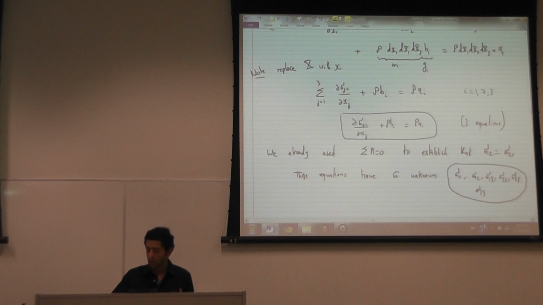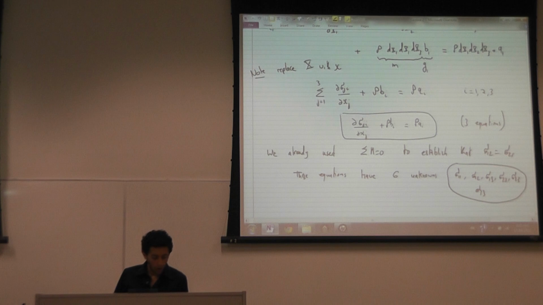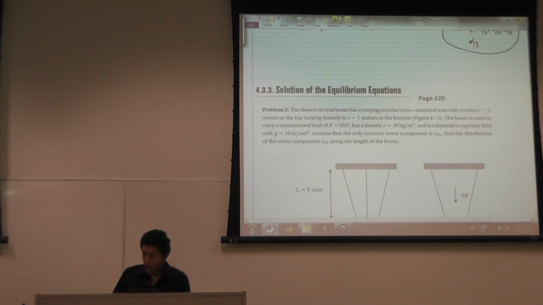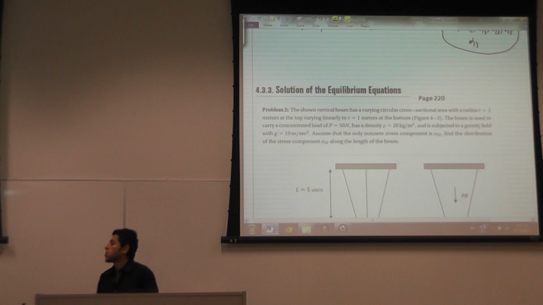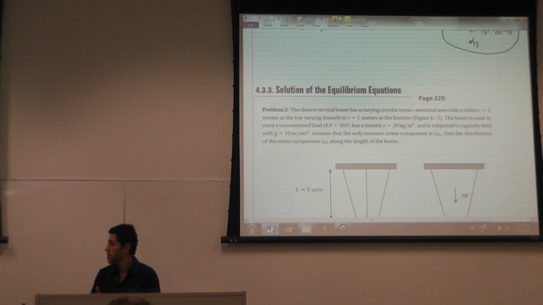Hence, we move to the next chapter, which is the constitutive laws. But before that, I just want to show you 2 problems. What would you do if you had to solve these equations by hand for simple structures?